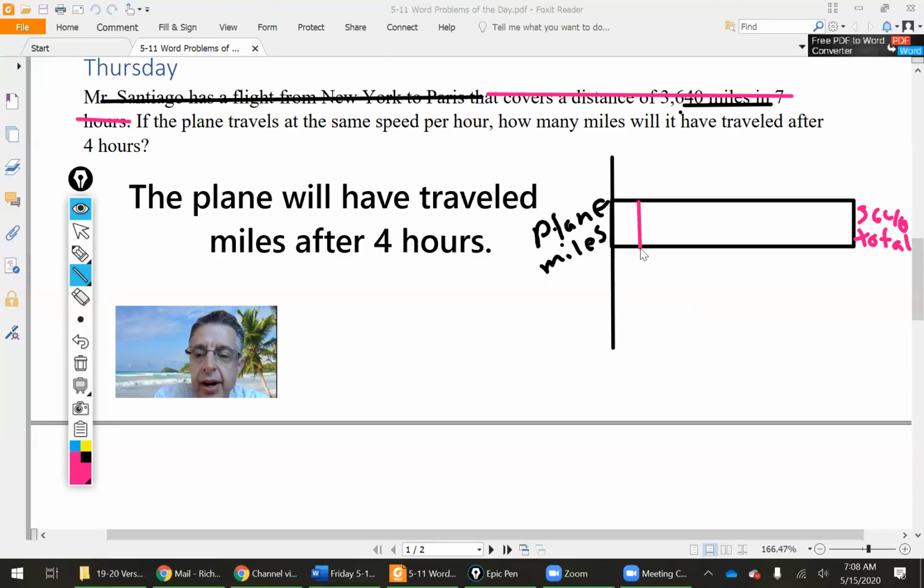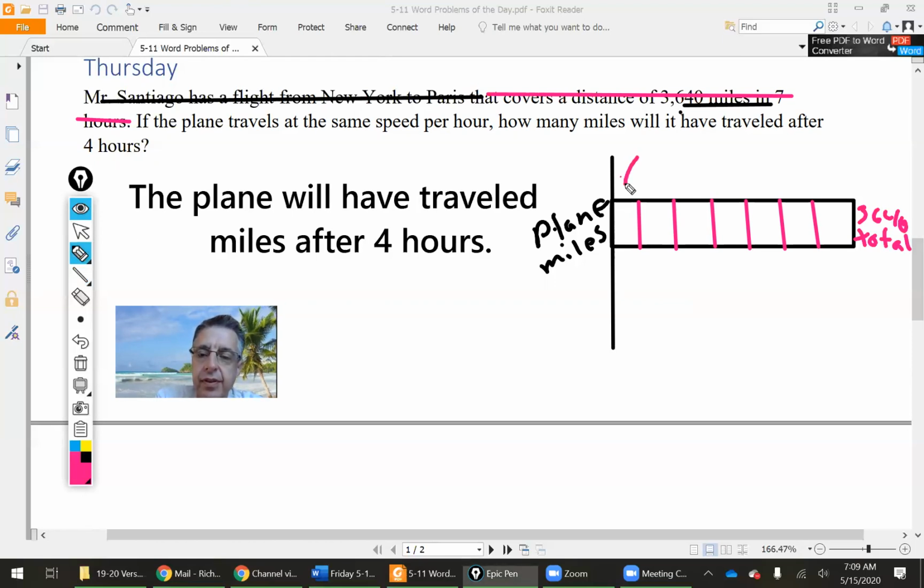Each piece is going to be 1 hour. So 1, 2, 3, 4, 5, 6. 1, 2, 3, 4, 5, 6, 7. All right, good. So I divided my unit bar into 7 parts. And each one of those parts, boys and girls, is going to represent 1 hour. So I'm going to label that on here.